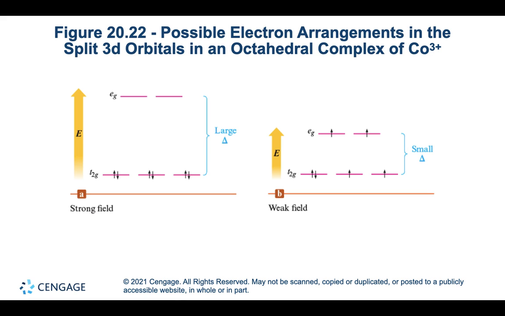So the strong field case is where you have a large splitting of the t2g with the eg, and the electrons are more likely to pair up, compared to the weak field case, where you have a small splitting between the eg and the t2g, which as a result you follow Hund's rule and put 1 electron in each before double filling. So you get the diamagnetic example.